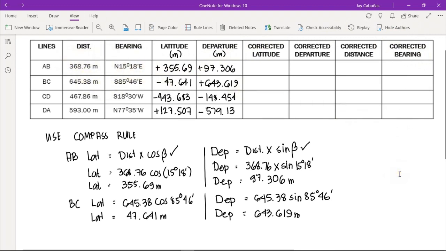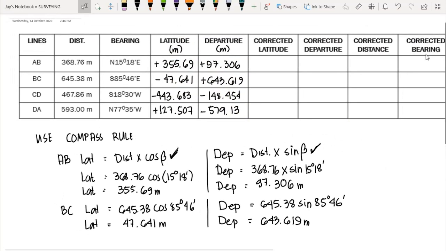Now again, we know how to compute using either this formula or by using your calculator. Now let's check for error. All you need to do here is to sum up the latitude and sum up the departure. So you have 355.69 plus negative 47.641 plus negative 443.683 plus 127.507.